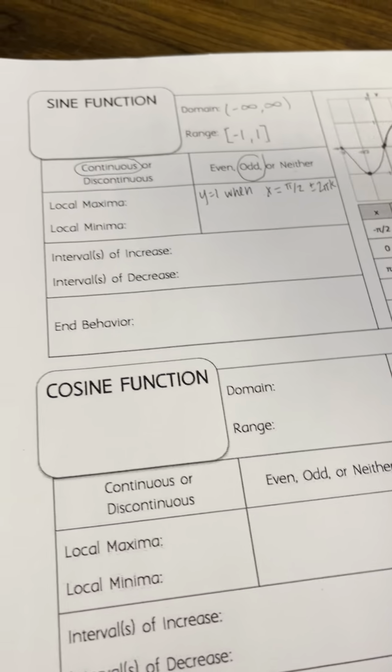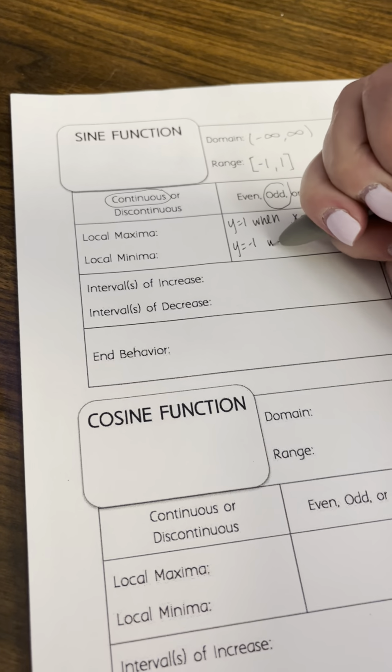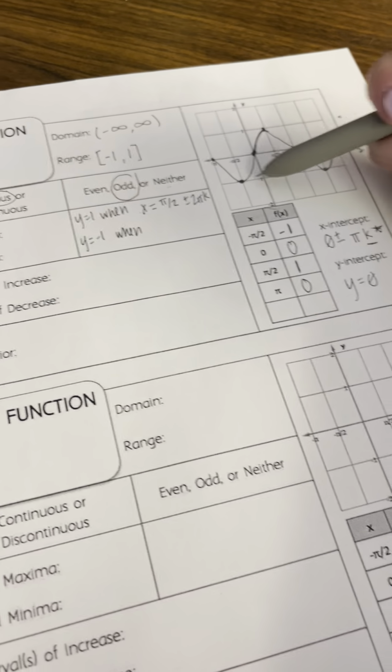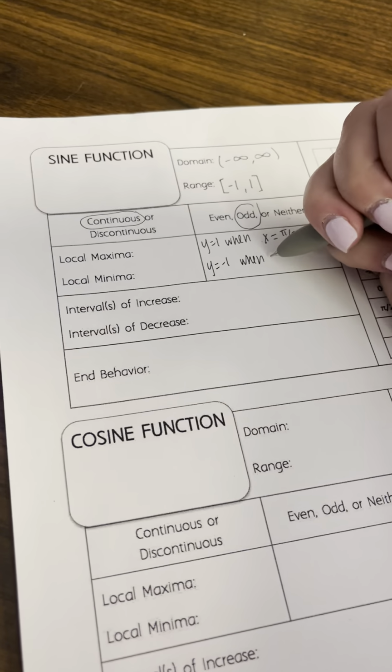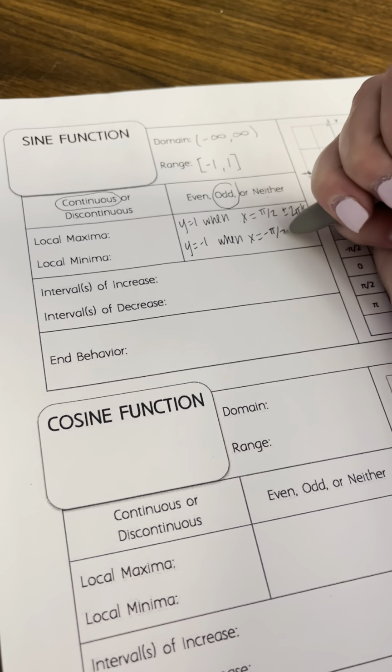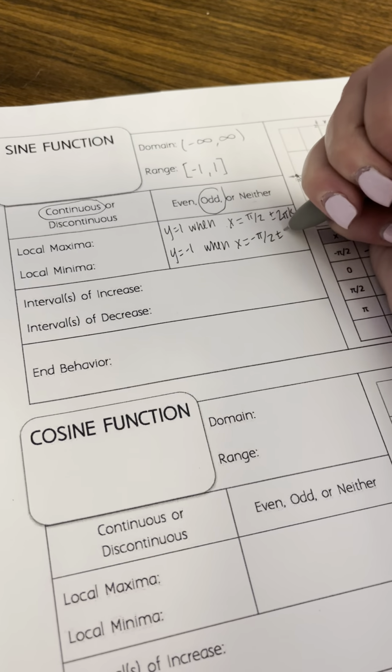My local minimum is going to be -1, and it's going to be at negative pi over 2, and any coterminal angles with negative pi over 2. You could also call it 3 pi over 2. Because that's a coterminal angle with negative pi over 2, right?